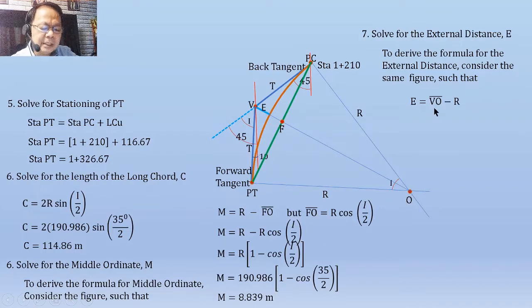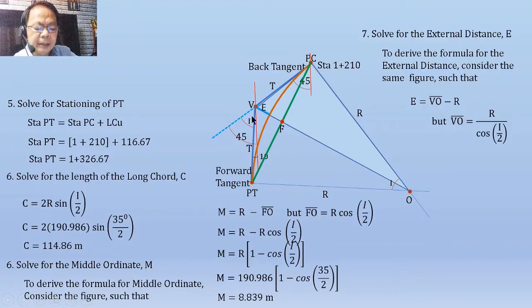But what is this VO equal to? VO can be taken using this triangle that I am showing, V, PC, O, where VO is the hypotenuse of the triangle having this angle as our right angle and this angle as I over 2. Hence, VO will be equal to R over cosine of I over 2.